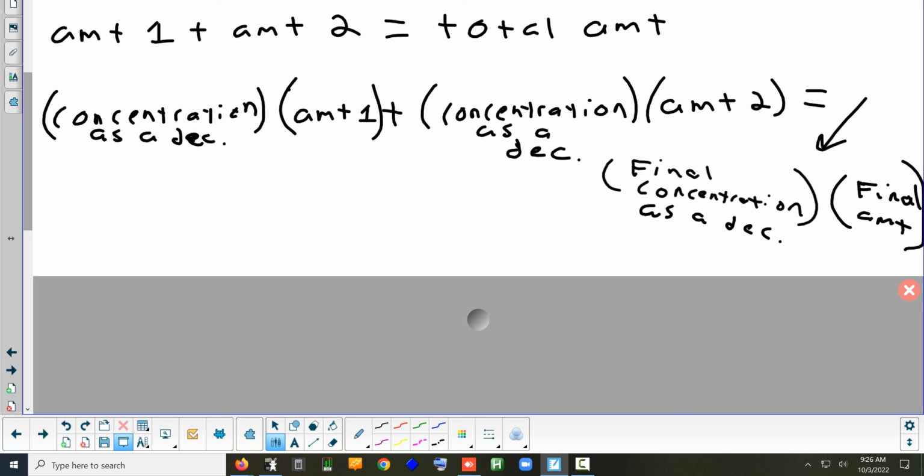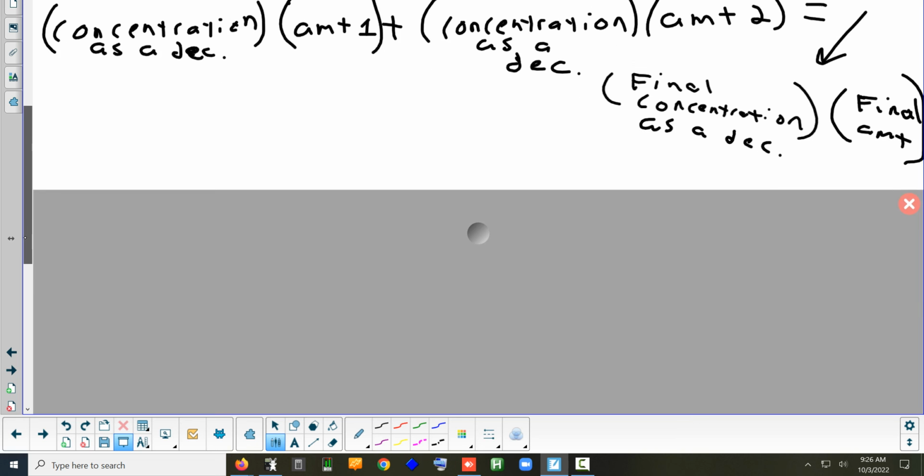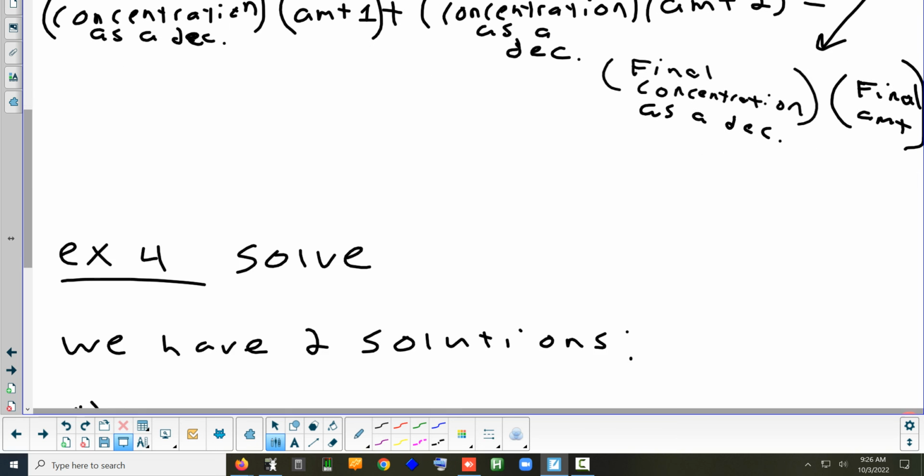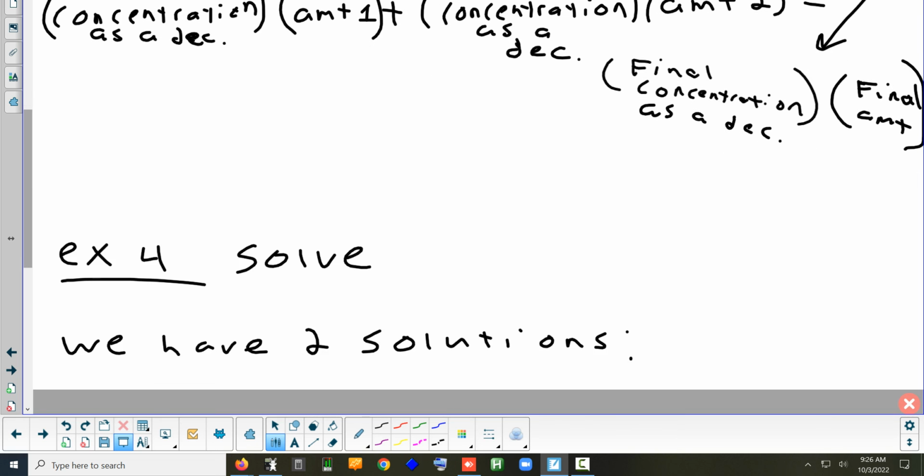All right, so let's try an example with our problem. So we have two different solutions we're going to mix together. They will always tell you the percent of each solution. Like if you were doing something with rubbing alcohol, you can look at the bottle. It says it's a 90% solution or 70%. It tells you how strong it is.